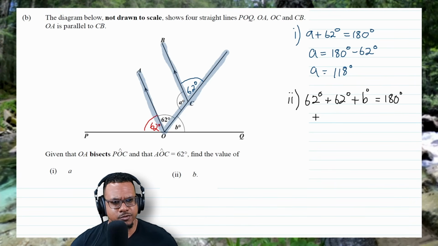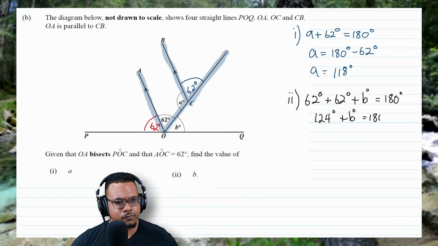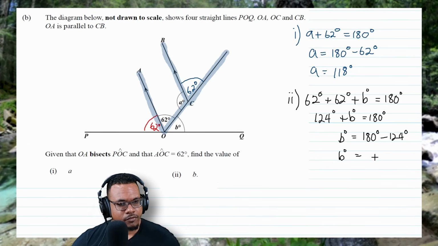So 62 plus 62 is 124. And now we carry across that 124. And we have 180 degrees, take away 124. All right, so angle B is equal to 56 degrees.